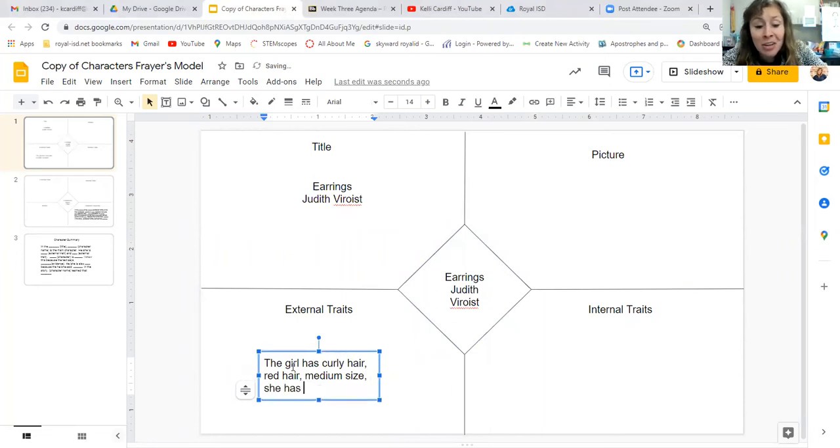She has yellow socks in some area, yellow socks in one of her pictures. And she also has, what's the word? Obviously no earrings.